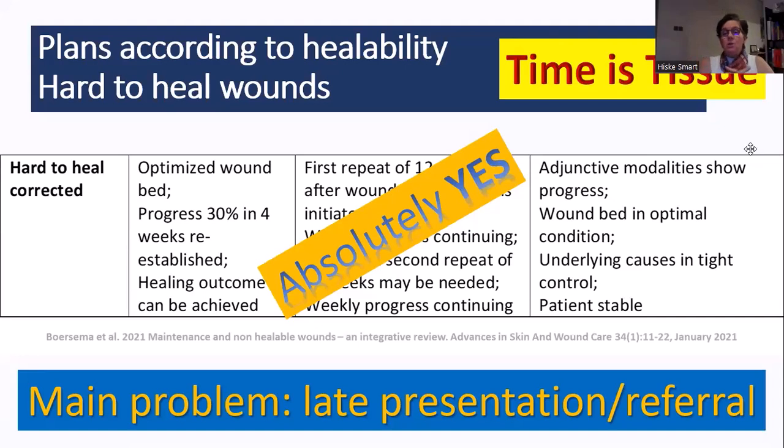Usually these patients are stable enough that they can do well with advanced modalities, and we can just give them a chance to do that again. So this is typically in the hard-to-heal wounds or those that have stalled and need a kickstart to get them into healing again. Absolutely, yes. We are very much in favor of using it here.